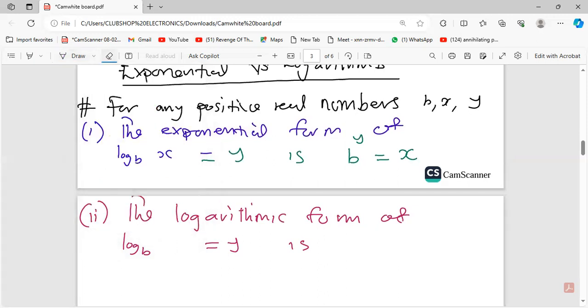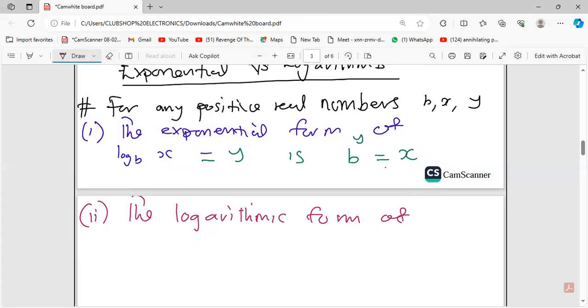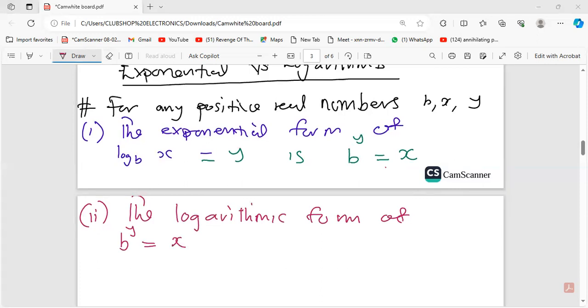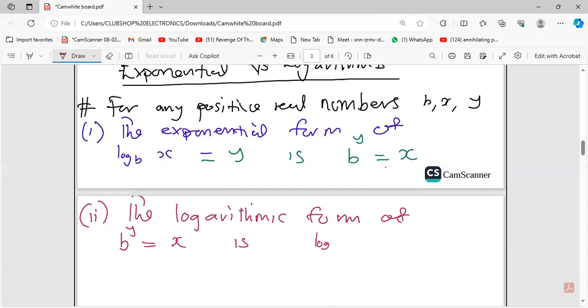The log form of b to the power y is equal to x. So for this one, you're going to say log of your base. Then you equate it to the power, we'll say equal to y. Then we want to find the log b of x. That is how you do that.